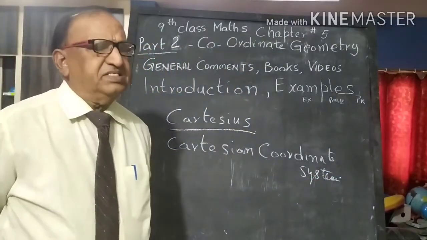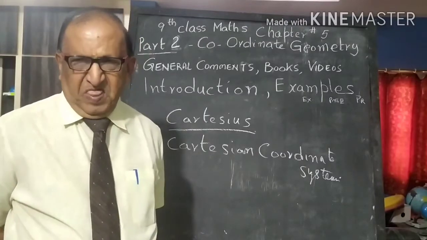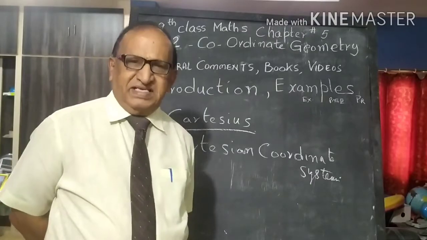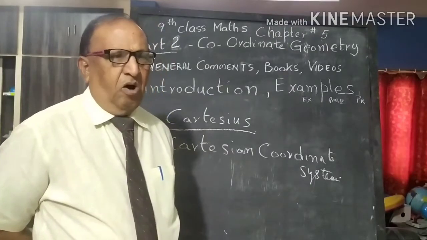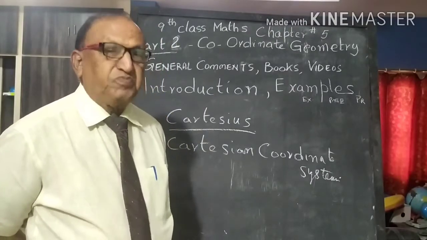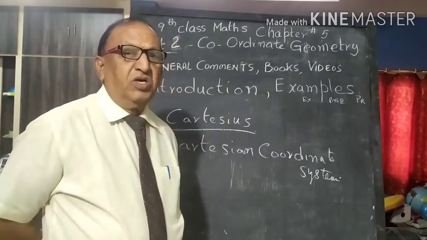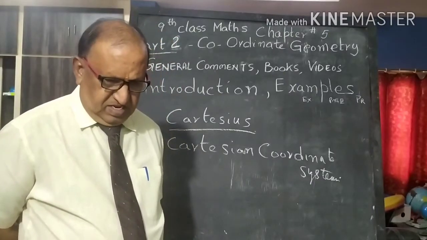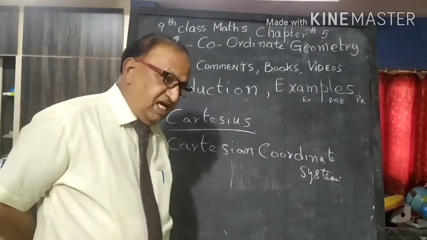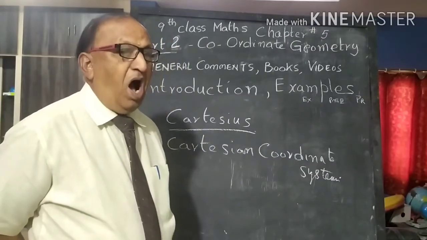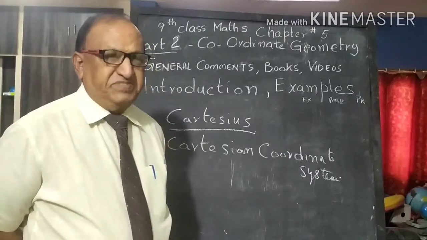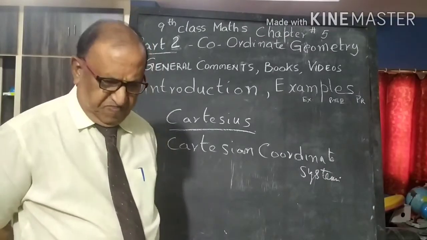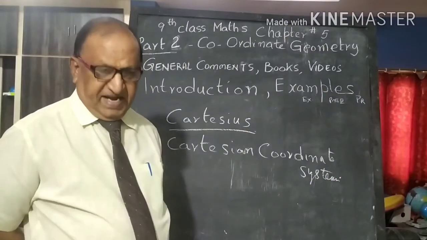He is the pioneer of this coordinate system, and the whole of mathematics and all the space technology uses this coordinate system. In the previous class, I gave you some examples of how to locate an object in the universe with the coordinate system. So it is very, very important.